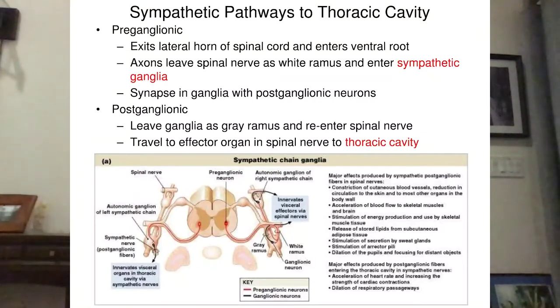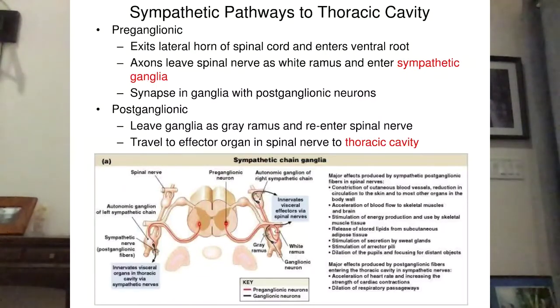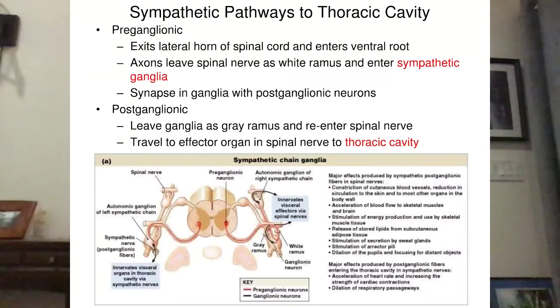Okay, so our axon left the lateral gray horn through the ventral root into the spinal nerve, down the white ramus, into the sympathetic chain ganglion.